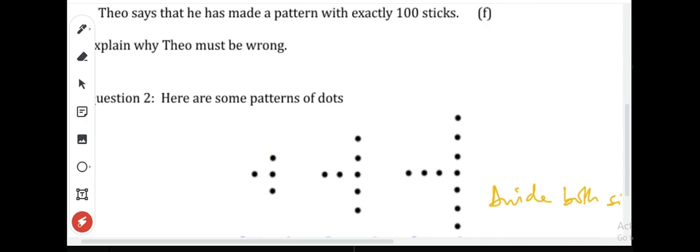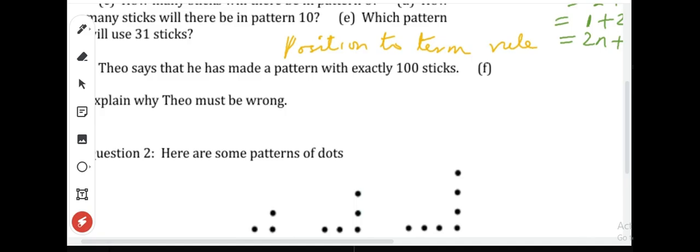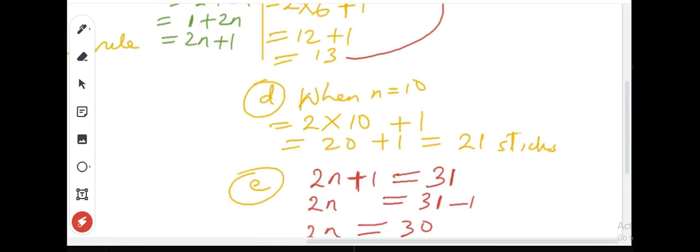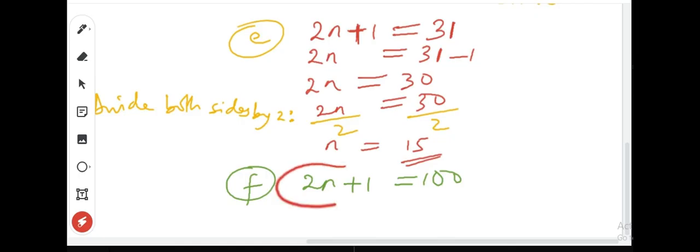Theo says he made 100 sticks, so the total is 100, just like the total of the previous one was 31. So the formula is equal to 100.